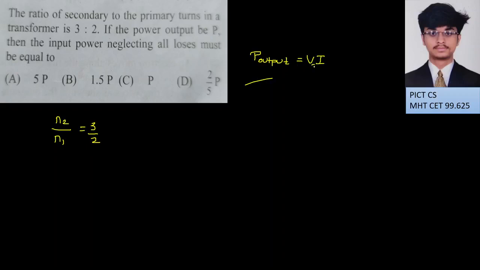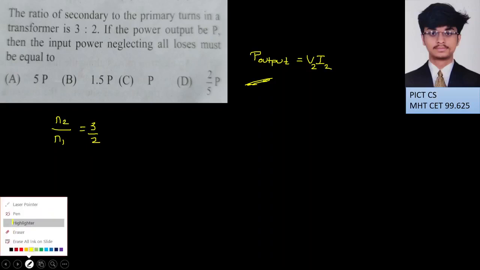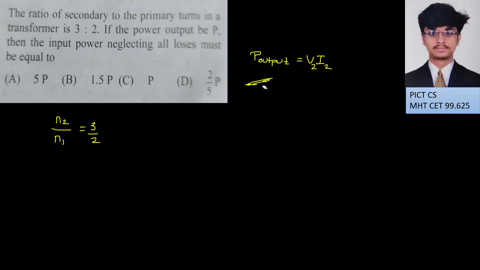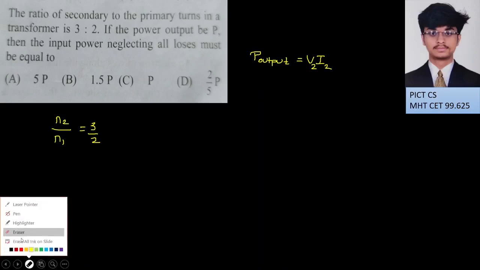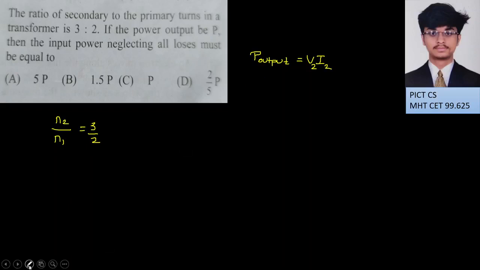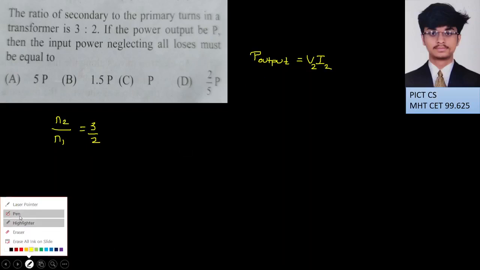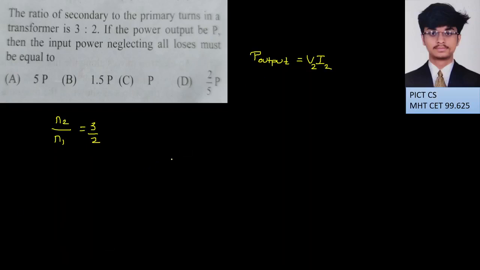Output means V2 and I2, so power output is V2 I2. What is asked in the question is, if the power output is P, then the input power is.